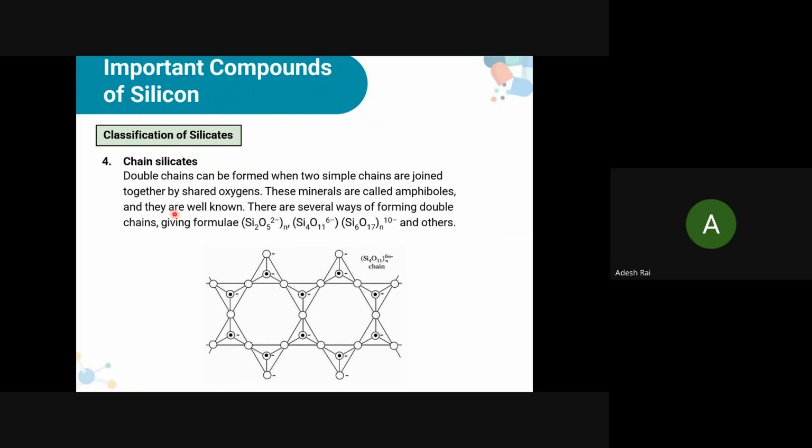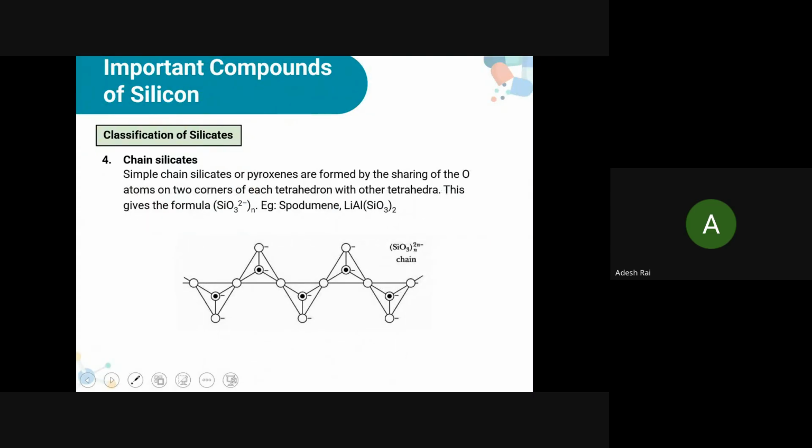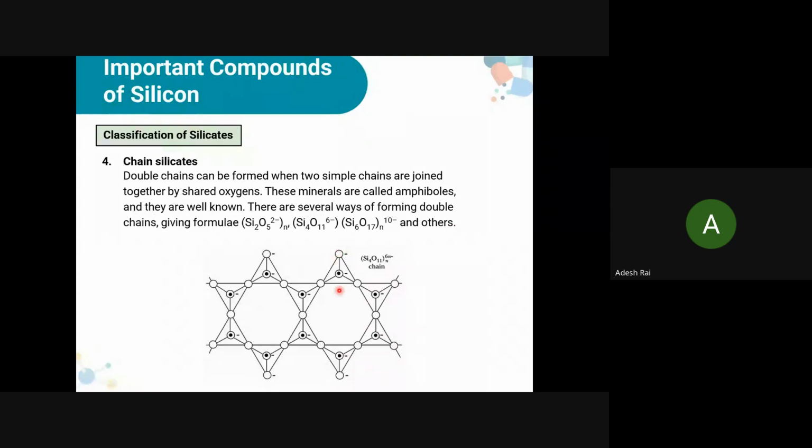In chain silicate there can be only one chain, that is normal chain silicate. But if you take one more flipped chain of this and join them together by a common or shared oxygen atom, you'll end up with amphiboles. This mineral will be called amphibole. Is that clear? Tell me.